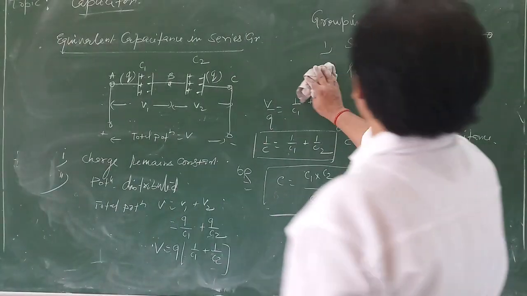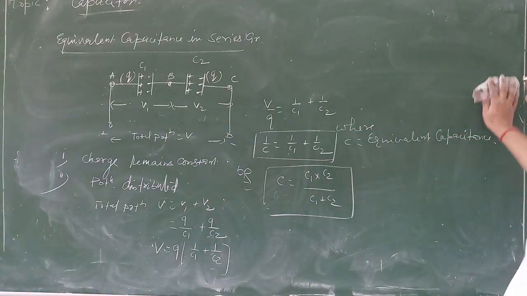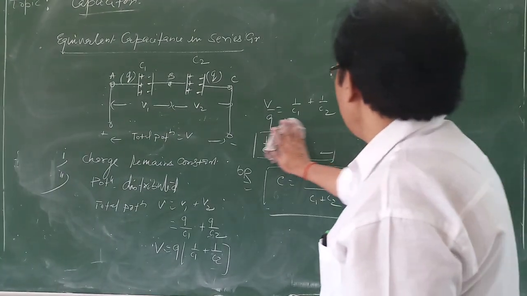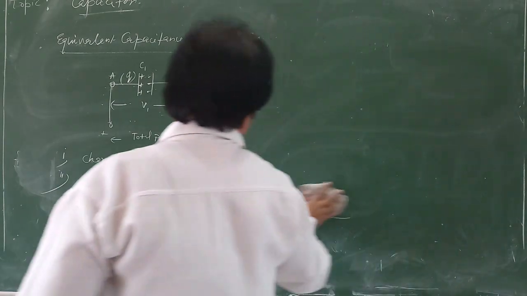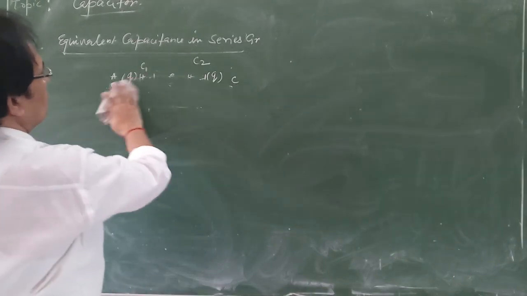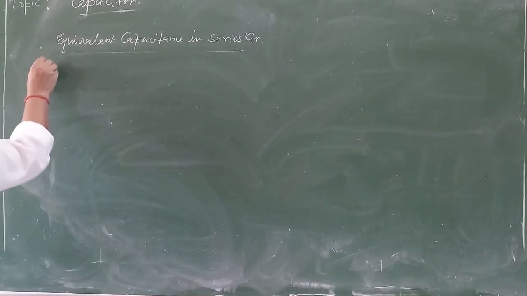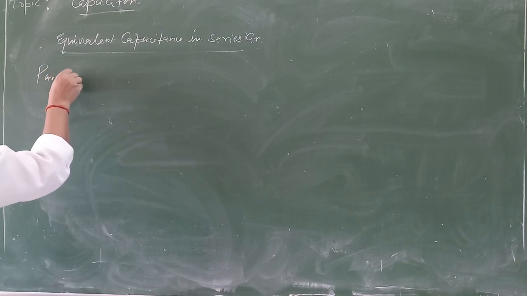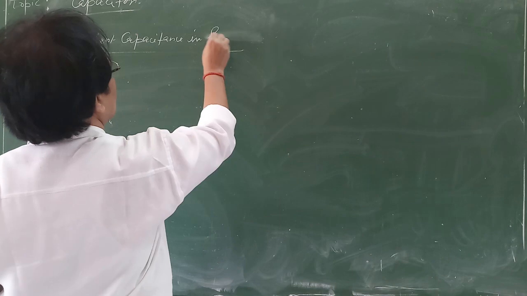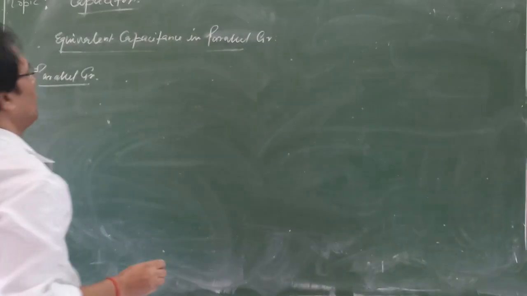Now for parallel grouping. See, for parallel grouping, how the equivalent capacitance can be obtained. Equivalent capacitance in parallel grouping.